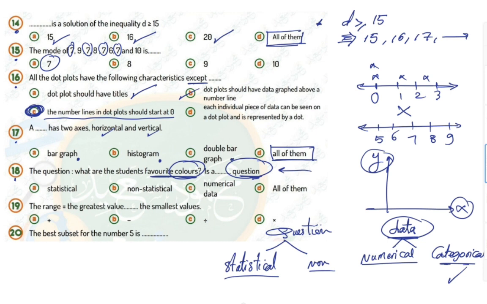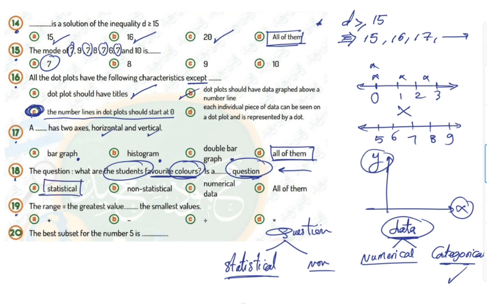But if it's not statistical, it's just individual data, just a number, you don't need to ask more than one person. He asked us about favorite color for all the students, so I need to ask every student about his favorite color. So this question is a statistical question.